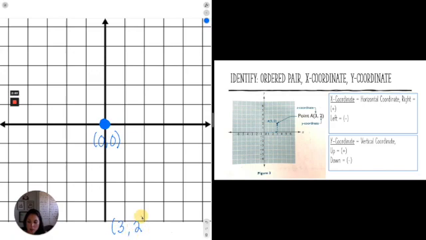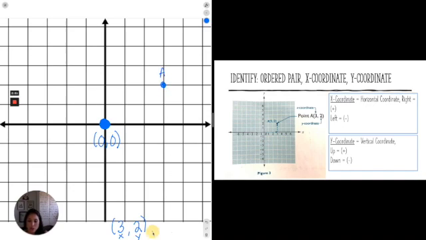If it helps you, write x and y, remembering that it goes in alphabetical order. We start at the origin, and then we count 3 to the right for the x-axis, and then I move 2 up because it's a positive 2 and plot my point. And this is point A.